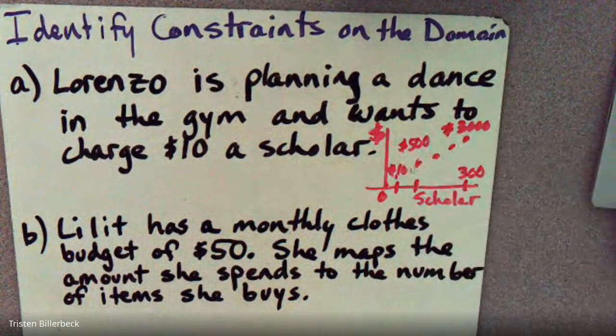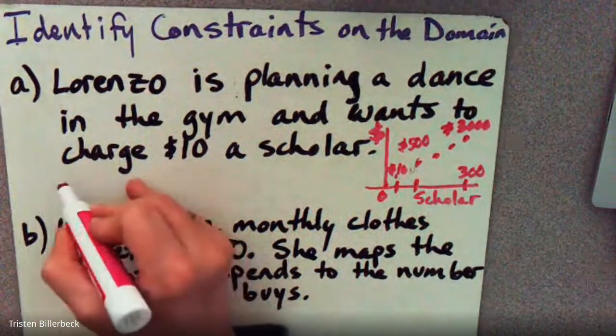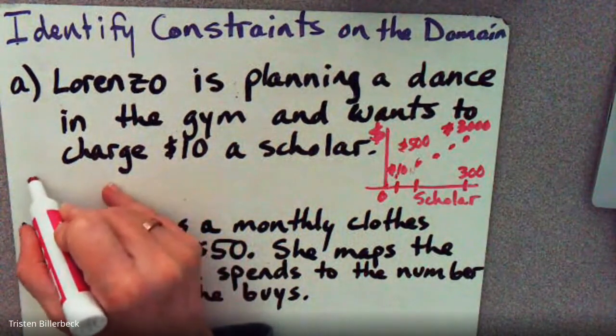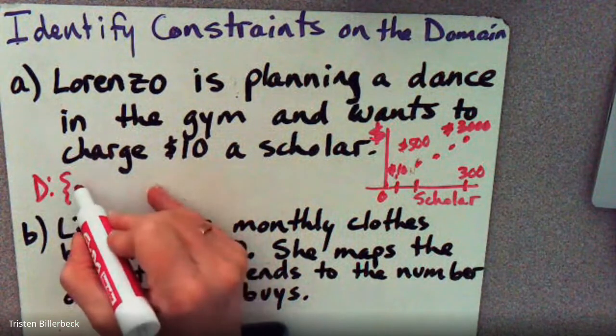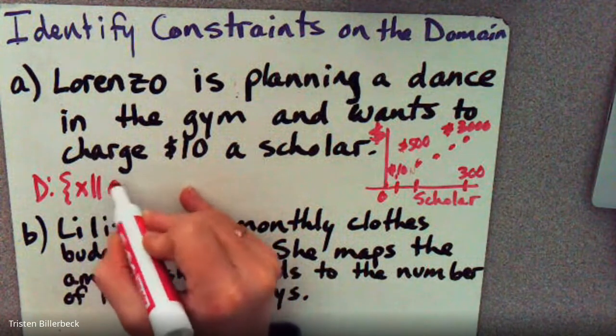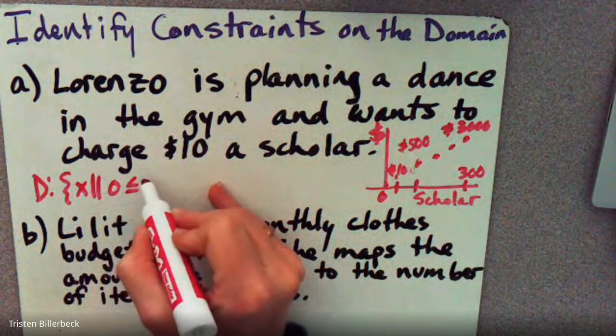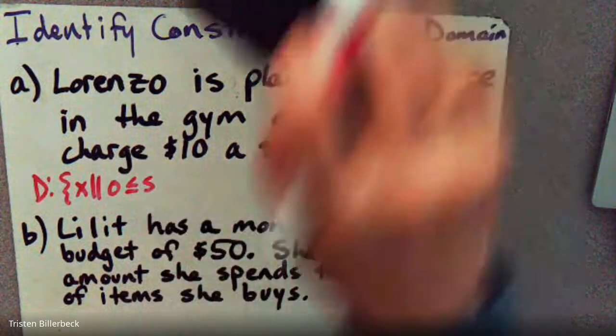So when we're planning the gym, we know that our scholar is the domain. So our domain is the number of scholars, starting from 0. Well, they're whole numbers.